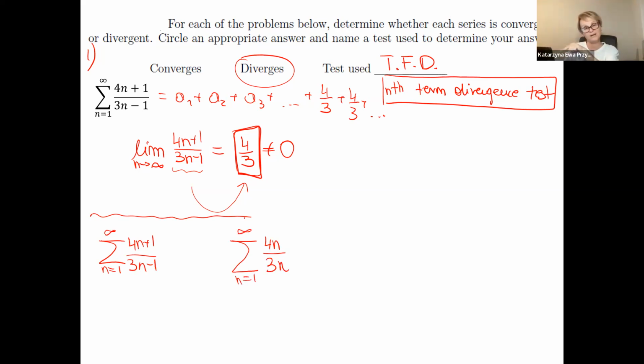This is my new formula on the right-hand side. When we simplify this formula, it will be just a constant, which means the summation of 4/3 means that we keep adding 4/3, like 4/3, 4/3, 4/3, 4/3. That means this is definitely divergent.